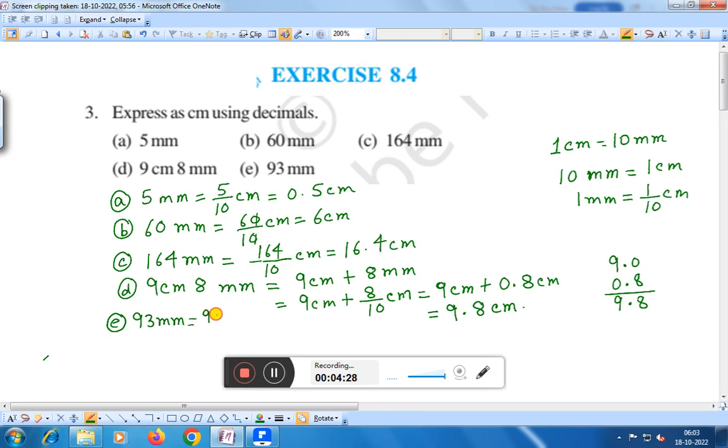That is 93 by 10 centimeter. That is equal to 9.33 centimeter. This is the solution of question number 3, exercise 8.4.